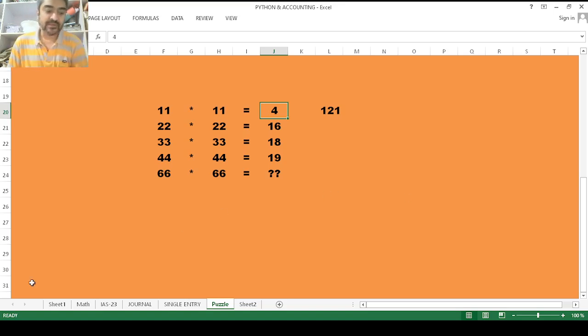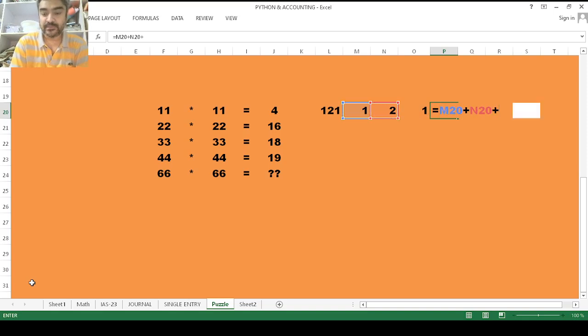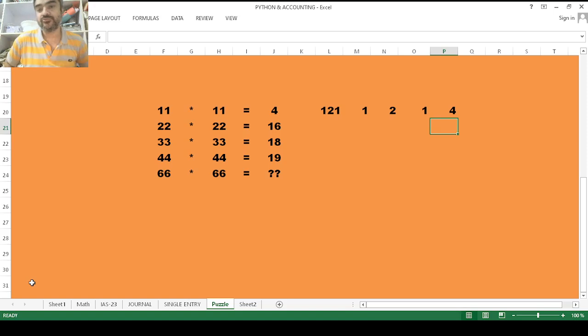I don't know if you can identify it from the very first equation. Let's try: there are three digits in this answer: 1, 2, 1. Let's split it out: 1, 2, 1. Now add up these three numbers: 1 plus 2 plus 1. It comes out to 4.